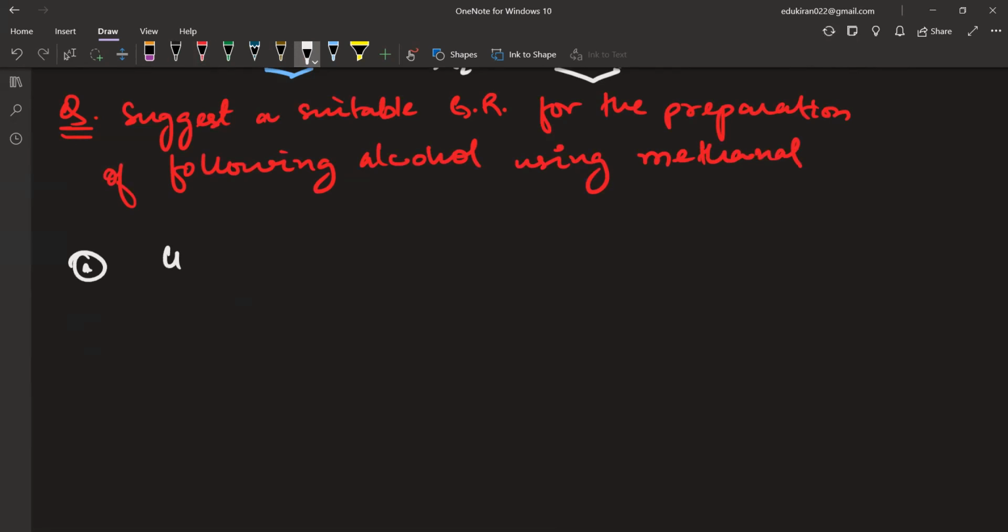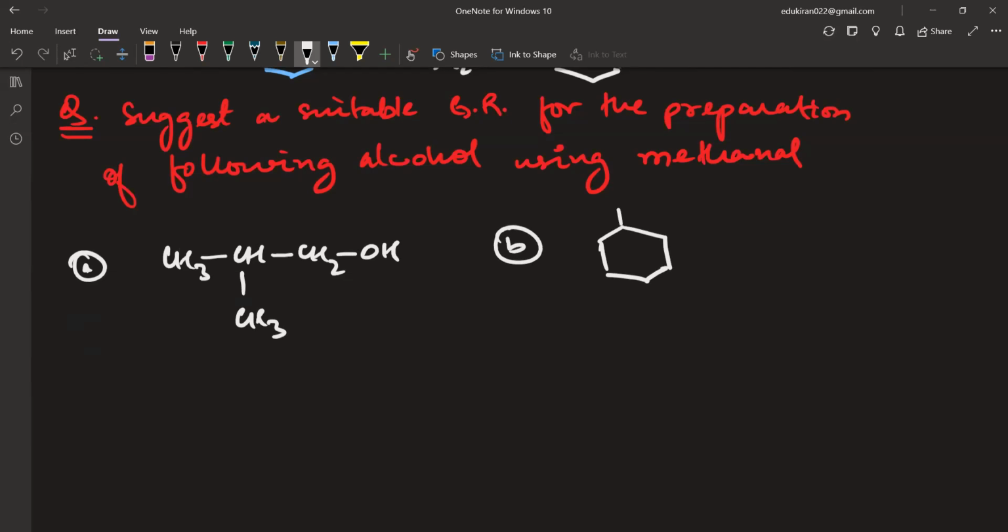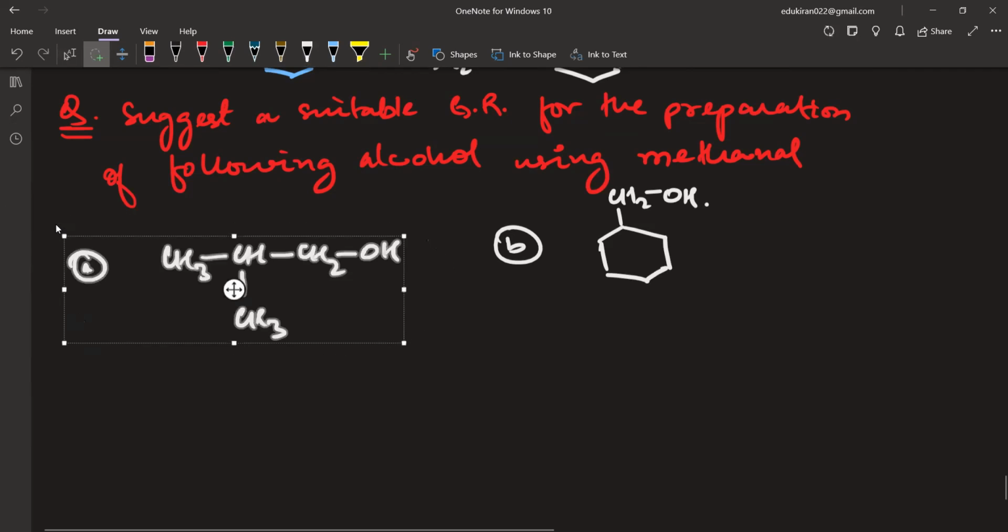Number one is CH3CH2CH2OH, and the second is cyclohexyl CH2OH. Okay, they're asking what is the proper suitable Grignard reagent.